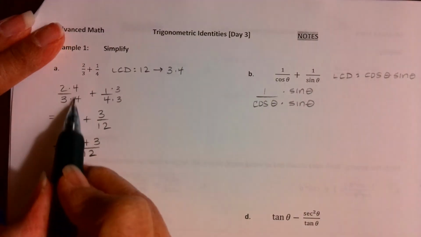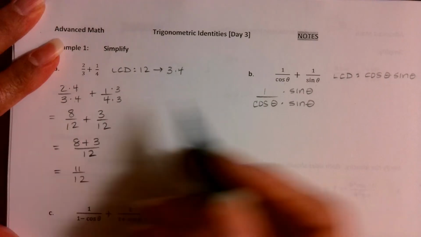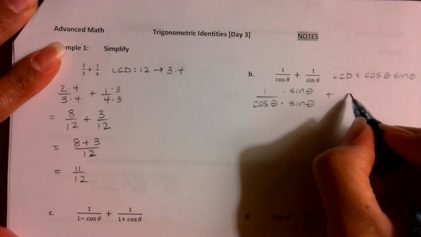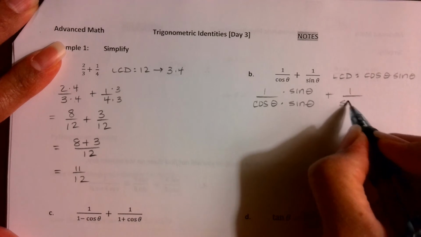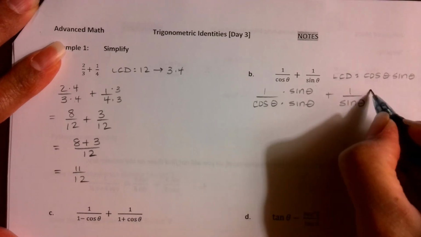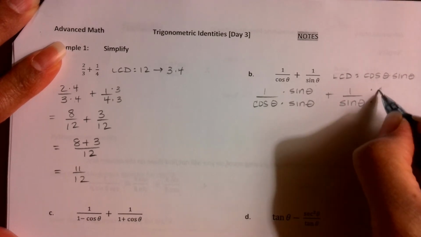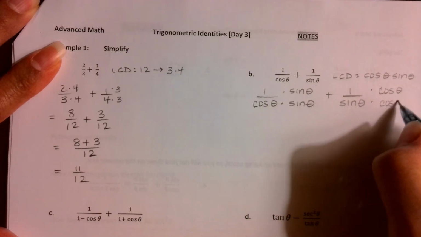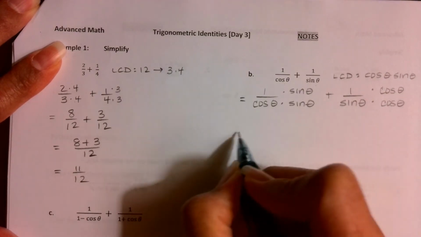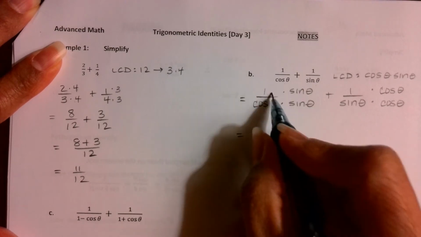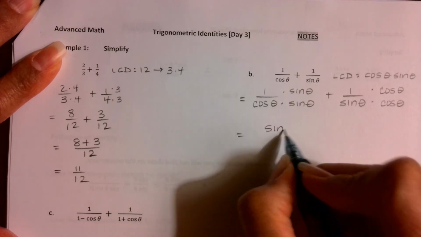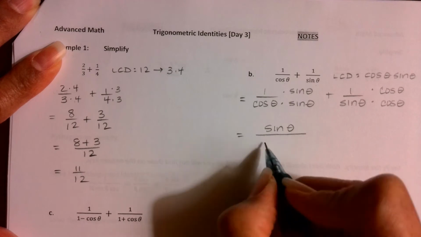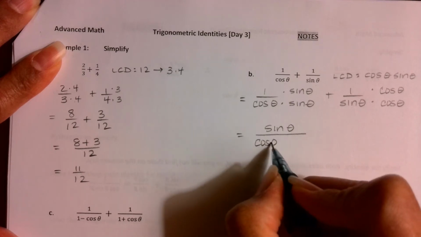Just like we did over here with the 4. And then we're going to do plus 1 over sine theta, and we're going to multiply it top and bottom by cosine theta. And in doing that, 1 times sine, we get cosine sine.